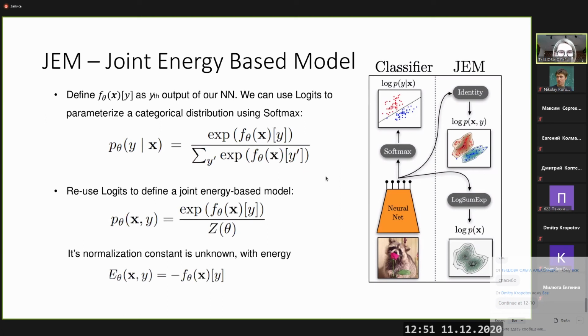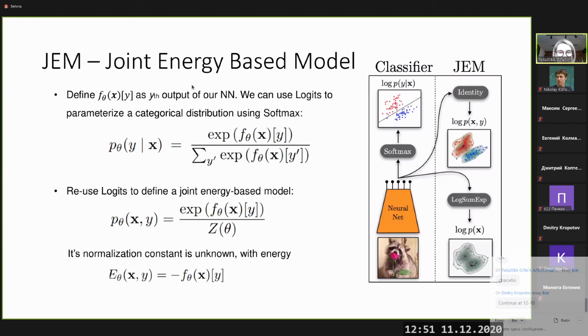First of all, the conditional probability of the discriminative classifier can be obtained through the well-known softmax function. We define the function f with the index y as the y-th output of our neural network, our classifier.